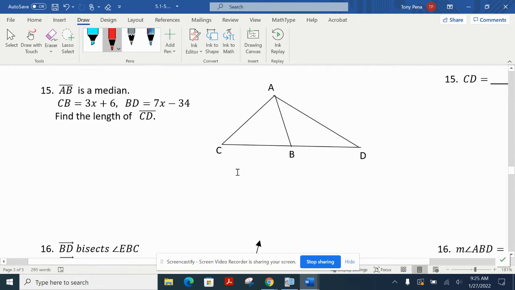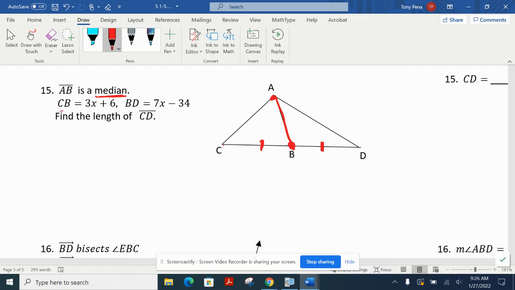All right, 15. We identified what a median was, and now we just want to use it in the problem. So again, a median is the idea that this A to B has to be cutting that opposite side in half. So that means C to B and B to D have to be congruent. This is a midpoint. We've used that word some too.